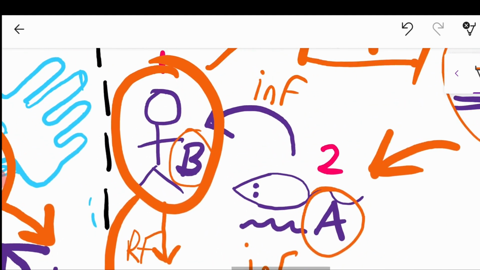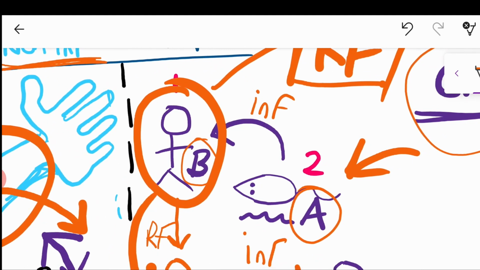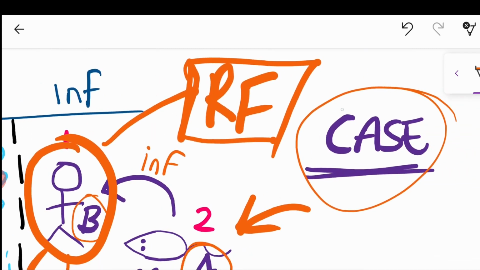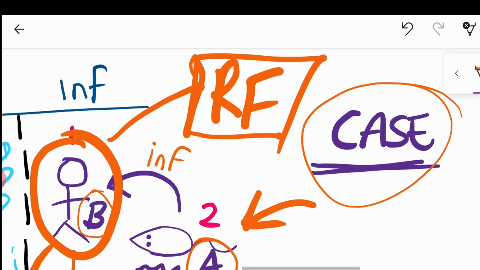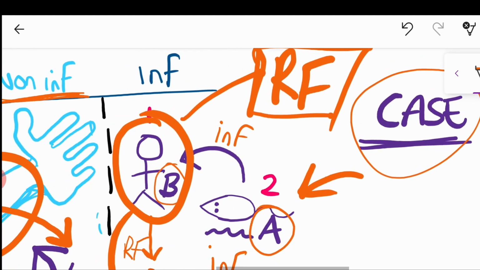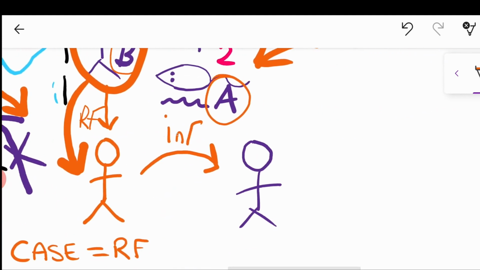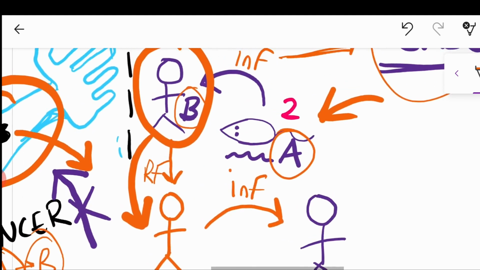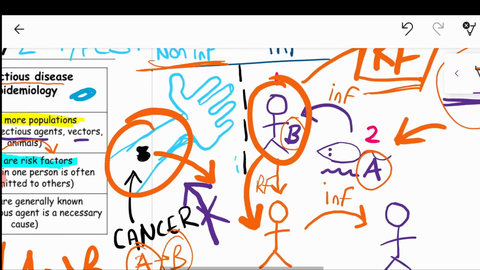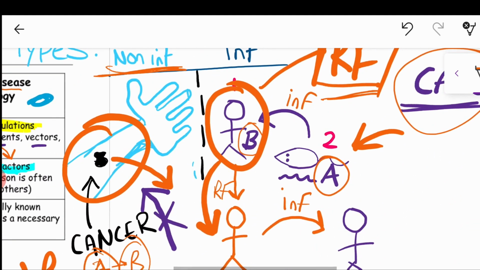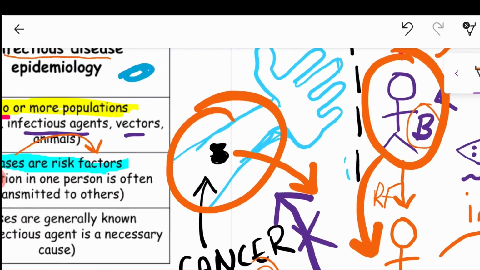So here the rat, which we can say A, passes the disease on, which is B, to the human. The human now has become a case being infected with the disease. But now what's different between the two is now B is a new risk factor, meaning he can now spread the disease to other people. The case has become the new risk factor. Here, the risk factor causes a case, and that's it.